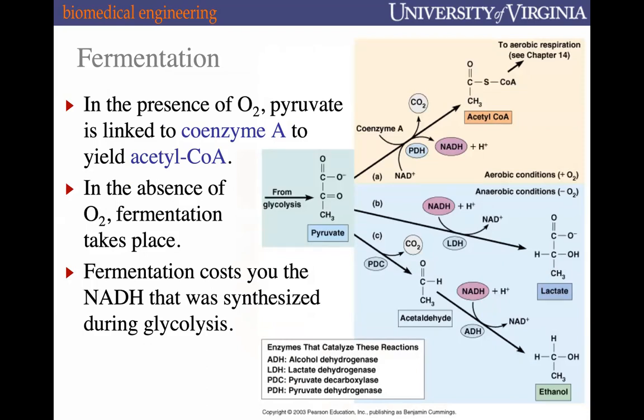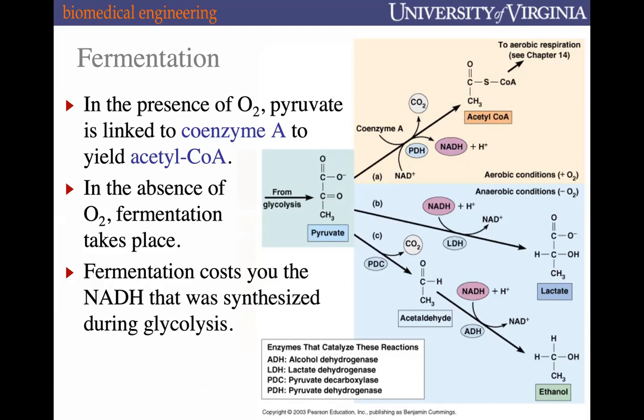In addition, there's going to be another enzyme called pyruvate dehydrogenase that will produce another NADH, and both together will produce what's referred to as acetyl-CoA, or acetyl-coenzyme A. So with both pyruvate dehydrogenase and coenzyme A, you'll produce from pyruvate acetyl-CoA, which is incredibly important for aerobic respiration, which will be discussed next class.